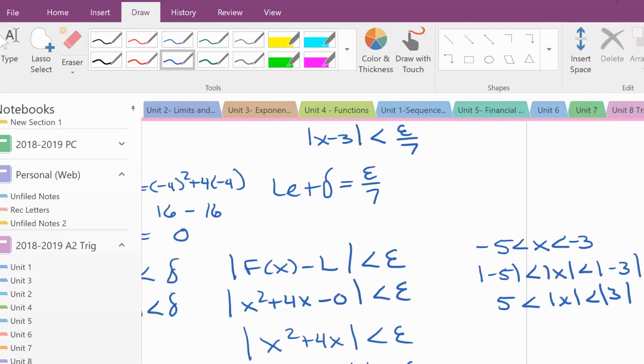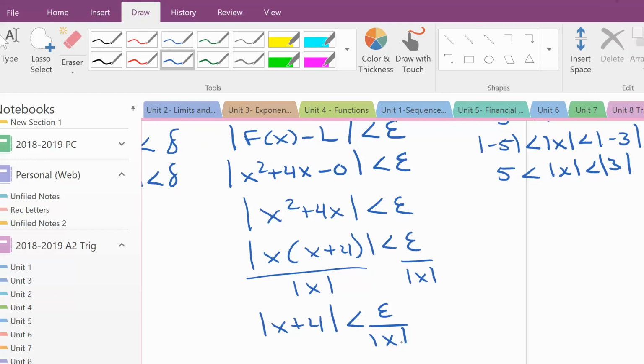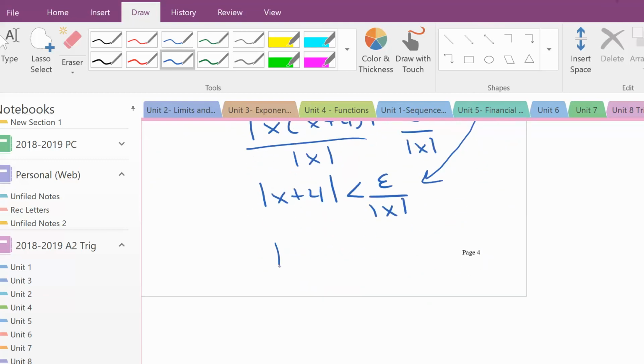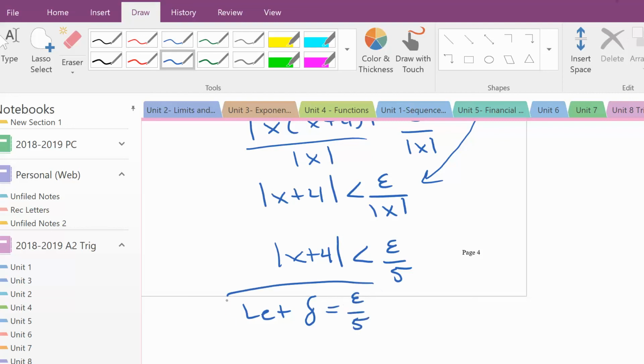Now, remember, we want to minimize the value here. So that means that in order to make it the smallest possible, we'd have to choose 5. So the absolute value of x plus 4 is less than epsilon over 5. So that's the smallest distance that you can get. So that means that we have to let delta equal epsilon over 5.